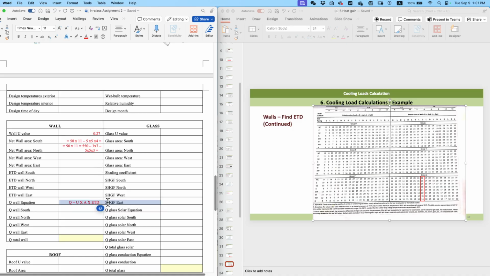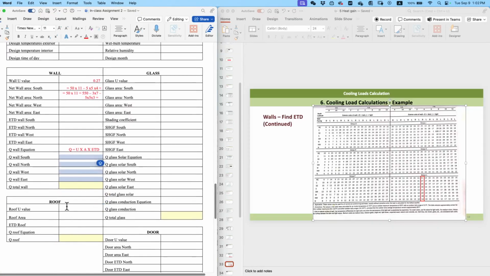You can get the Q heat gain from the south wall. And the same method for north, west, and east. Once you're done, add 4 of them, you can get the total heat gain from the total walls. So that's an introduction explanation for heat gain calculation from wall.